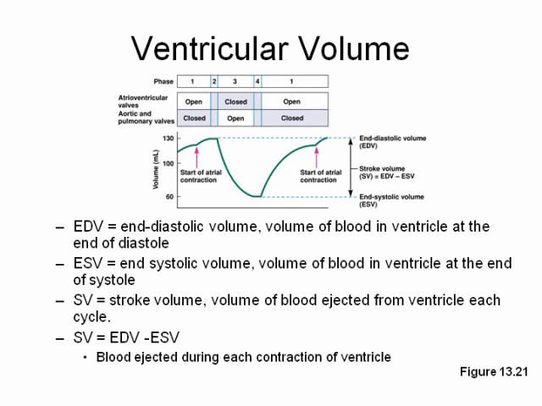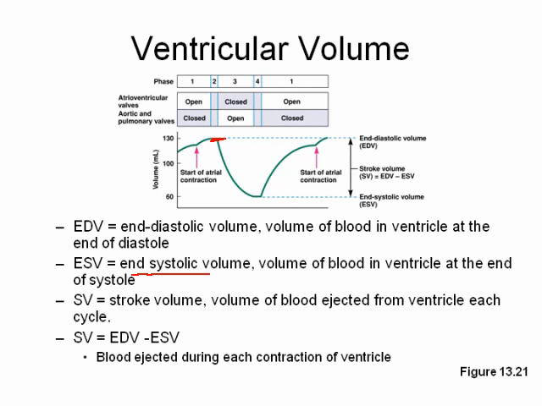Let's take a look at the ventricular volume curve. We have the end diastolic volume, which is the volume of blood in the ventricle at the end of diastole, hence end diastolic volume. So this is the amount of blood that's available to the ventricle to eject during ventricular contraction.